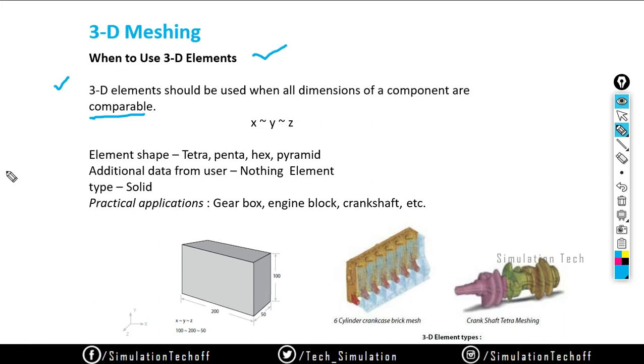Okay, so what are the advantages? The first thing is the result has maximum accuracy. It takes some time, but we can believe that its accuracy is more than the 1D analysis or 2D analysis.